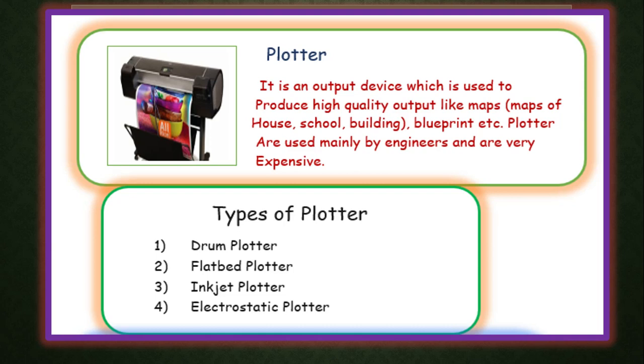For example, when we want the map of a house or building or school, then instead of using a printer, we will prefer a plotter because a plotter produces high quality output as compared to a printer. So plotters are mainly used by engineers to produce maps, and they are very expensive. Next are the types of plotter. First one is drum plotter, second is flatbed plotter, third is inkjet plotter, and last is electrostatic plotter.